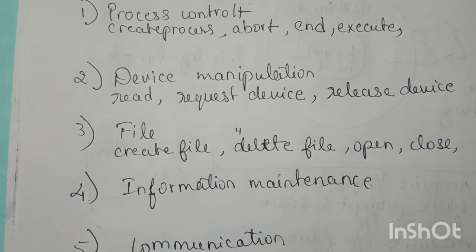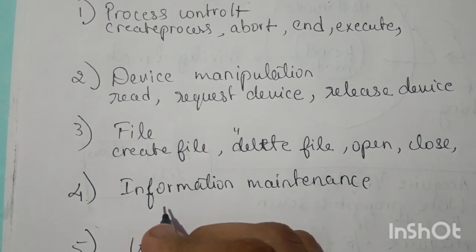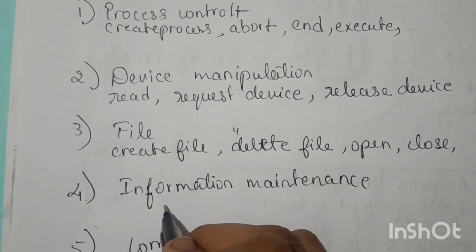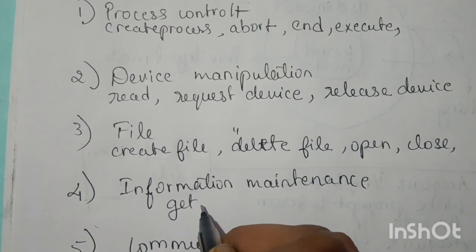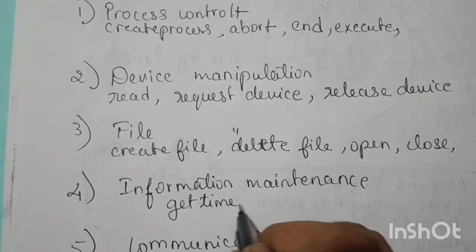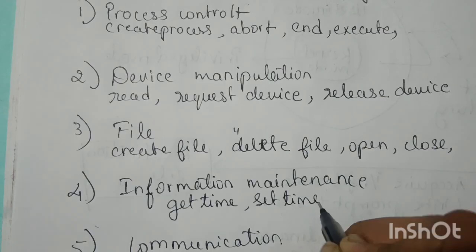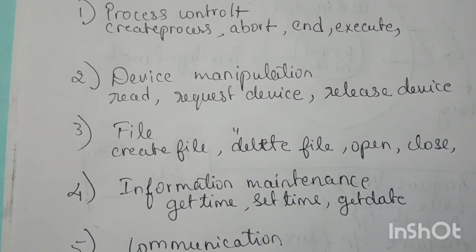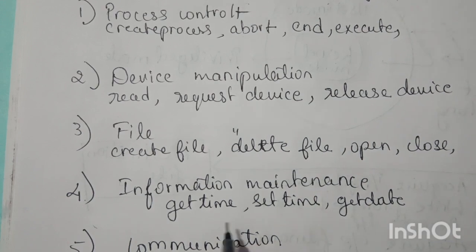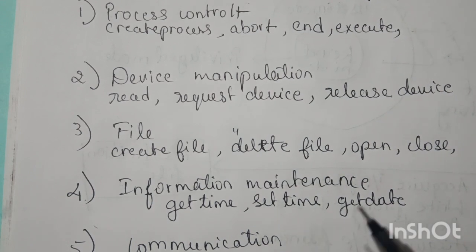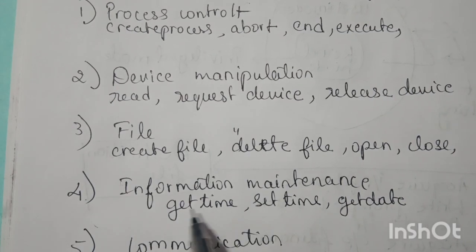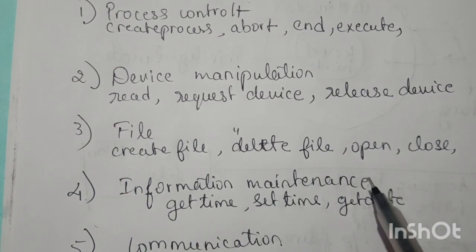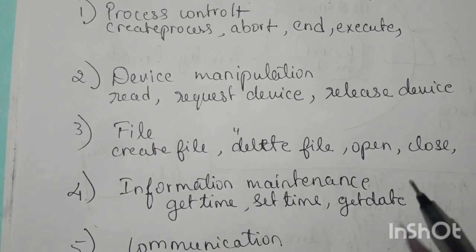Now for information maintenance, it's about gathering information about that process, such as when it was created, so the date and time: get time, set time, get date, get system data, set system data, get attributes.